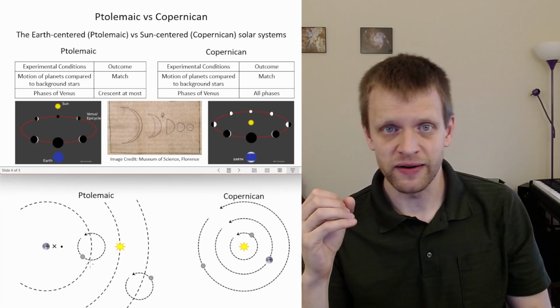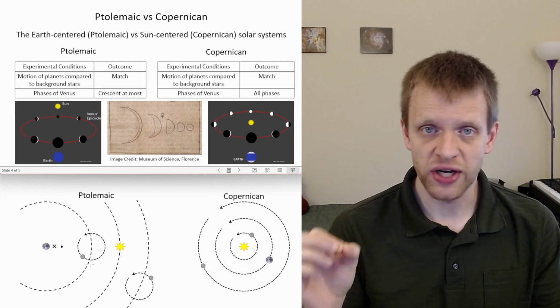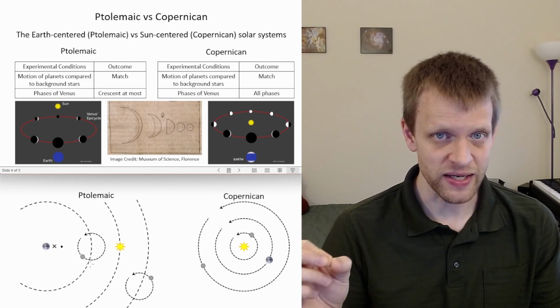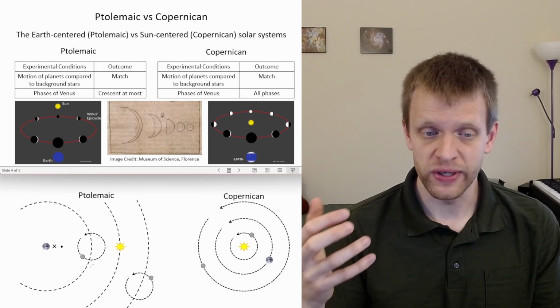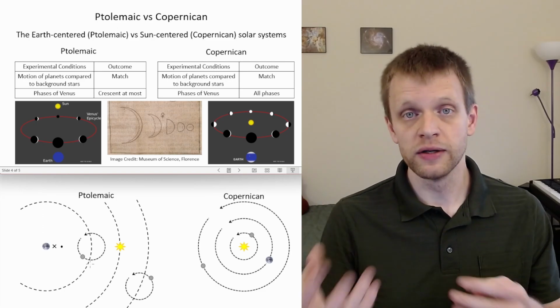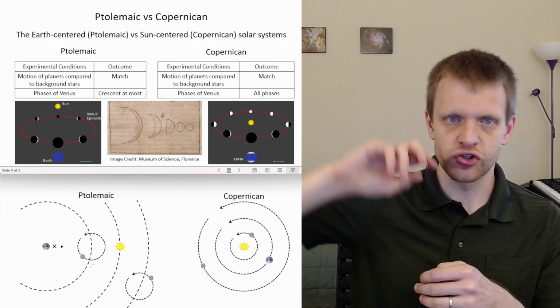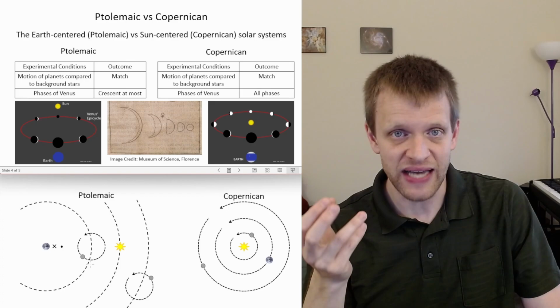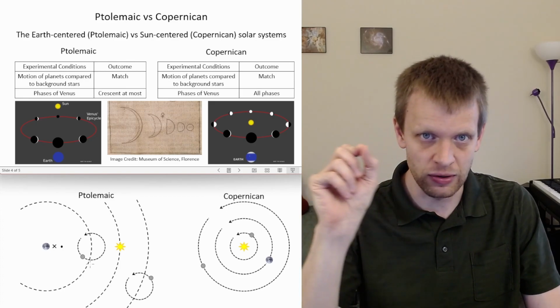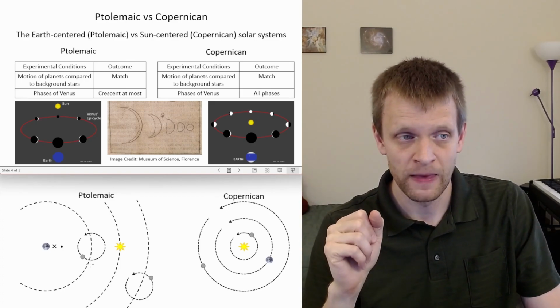Okay. But at the time, no such observation could be made. And the argument was, well, that is a point against the Copernican model, unless those other stars are just so ridiculously far away that we don't have the technology to actually detect those tiny little parallax effects.